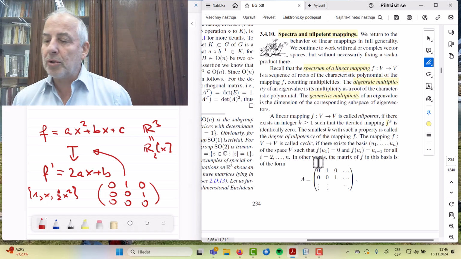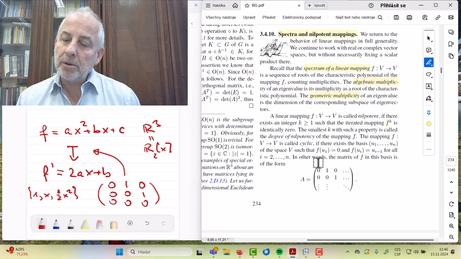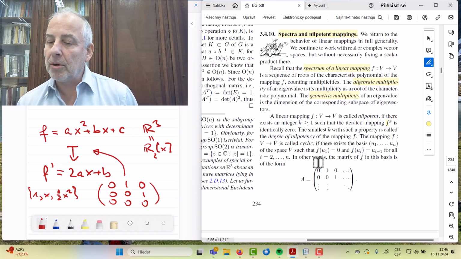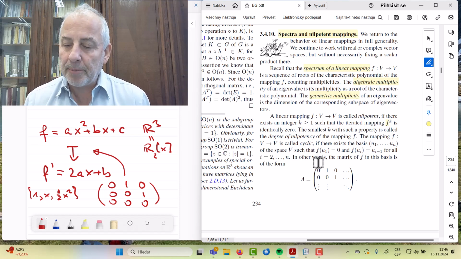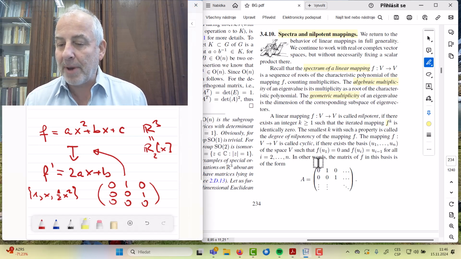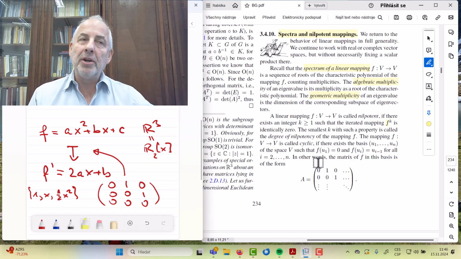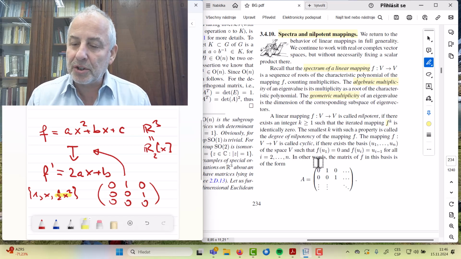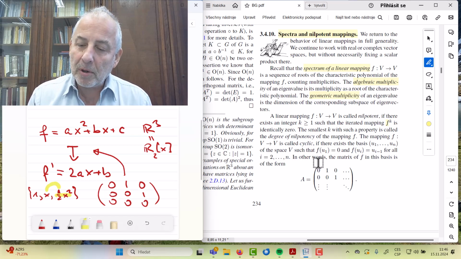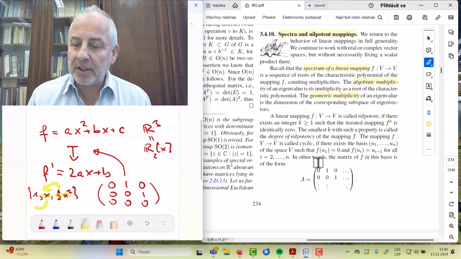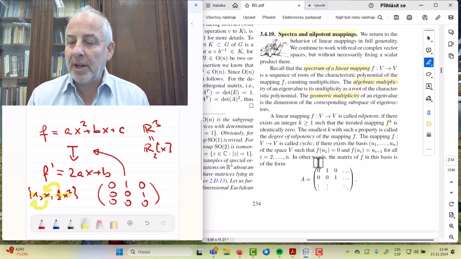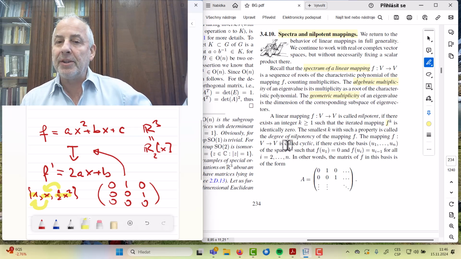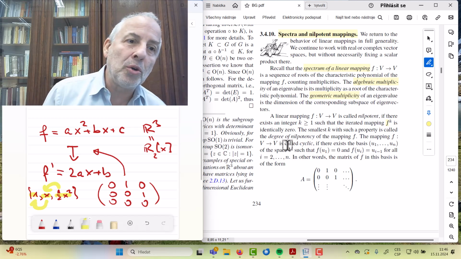And we actually have an example of something which is called a cyclic mapping, because there is a basis of our space such that we have a chain of basis vectors, so that the first one in the chain is mapped to the second one, and the second one is mapped to the third one, and so on, up to the k-th one, if the degree of nilpotency is k, and then it goes to 0, right?